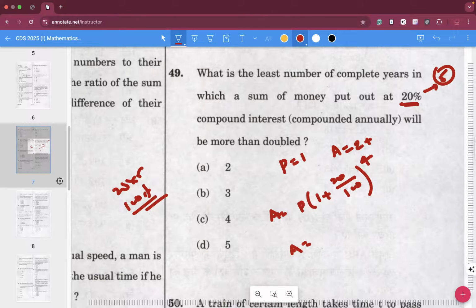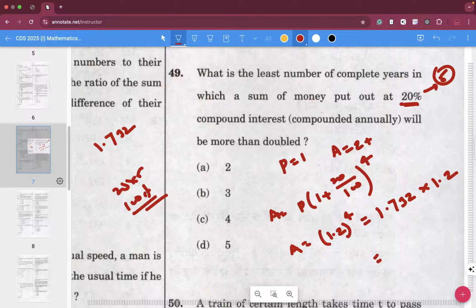P is 1 only. Now if you solve for this, this is 1.2 raised to the power 4. 1.2 cube is 1.728, folks. I have told all of you to remember the cube roots. And now this is this particular value. Can you guys calculate this?